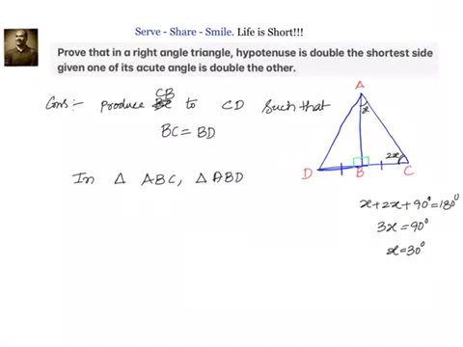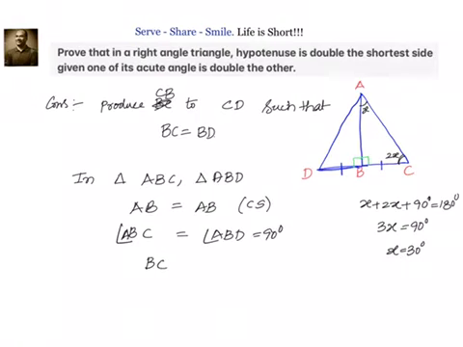So let's write down in these two triangles what we know. We know that AB is equal to AB, which is a common side for both the triangles because we just flipped the triangle. That's what we did. So it should be obviously congruent. And we also know that angle ABC is equal to angle ABD, which is equal to 90 degrees. We also know that BC is equal to BD.